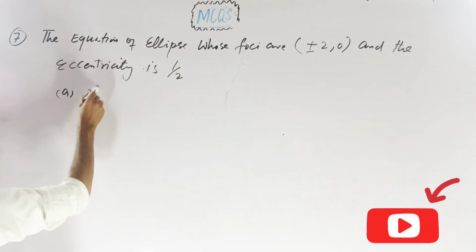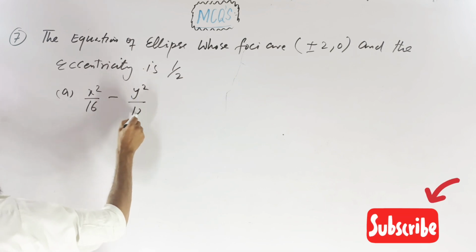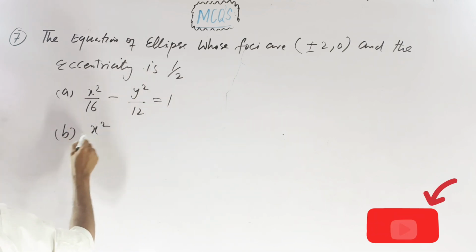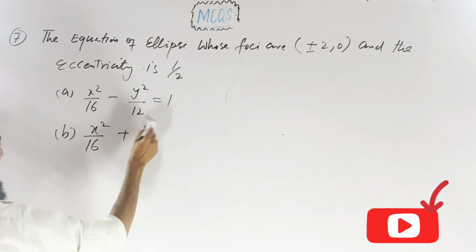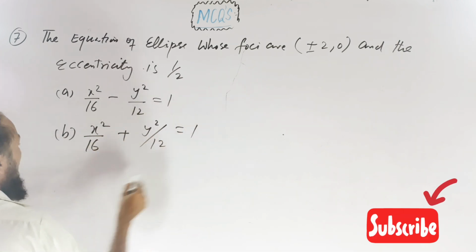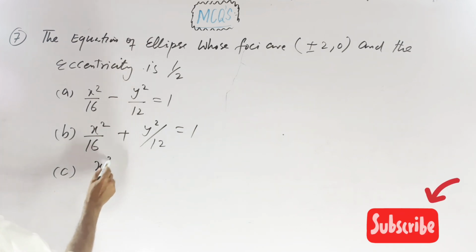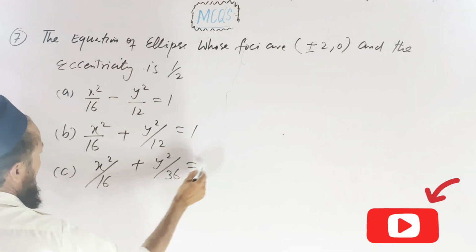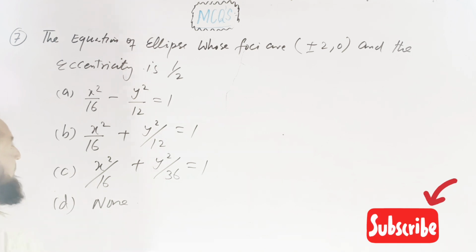Options: A, x square divided by 16 minus y square divided by 12 is equal to 1; B, x square divided by 16 plus y square divided by 12 is equal to 1; C, x square divided by 16 plus y square divided by 36 is equal to 1; D, none of these.